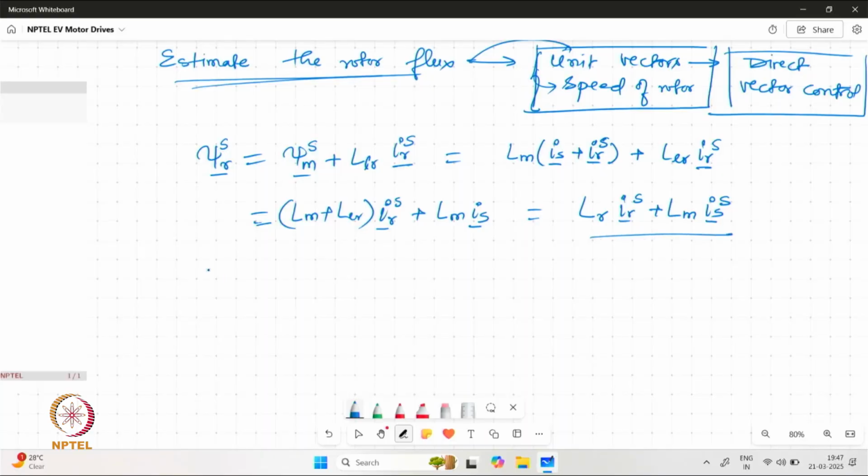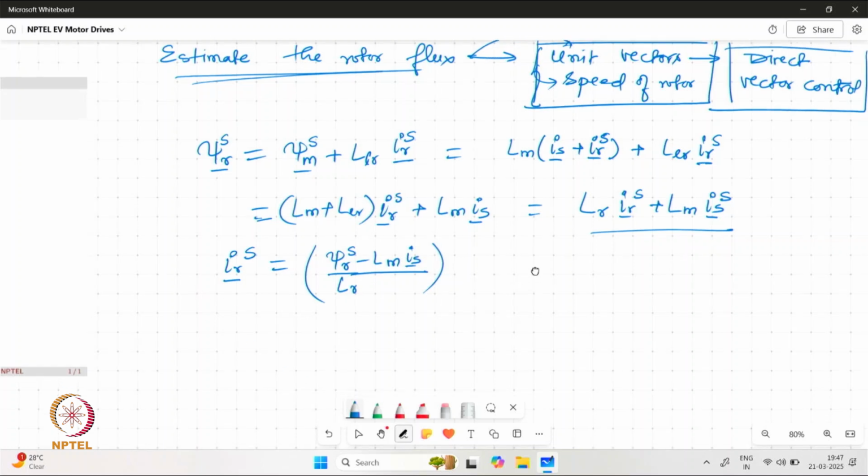So we need to replace this Ir with suitable terms. So I am going to write Ir as psi r minus Lm times Is, whole divided by Lr.